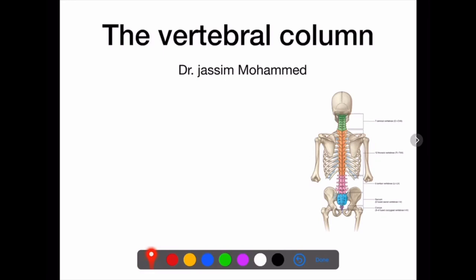As we know, the vertebral column is supporting and protecting the spinal cord, the spinal nerve, and spinal roots.